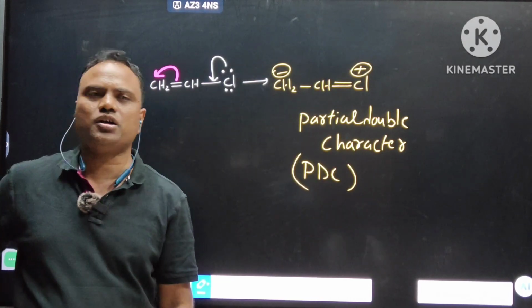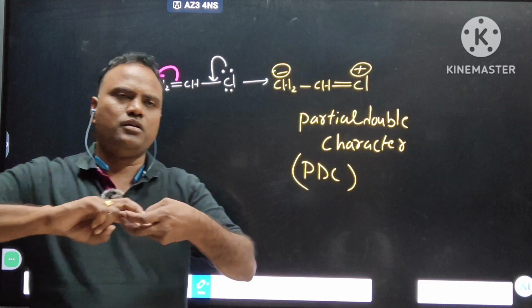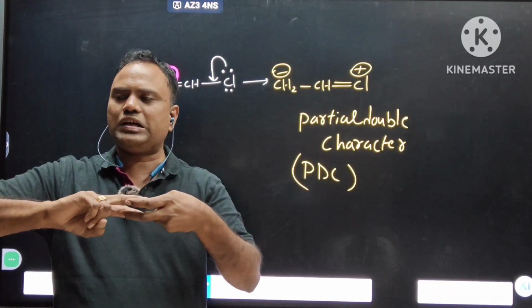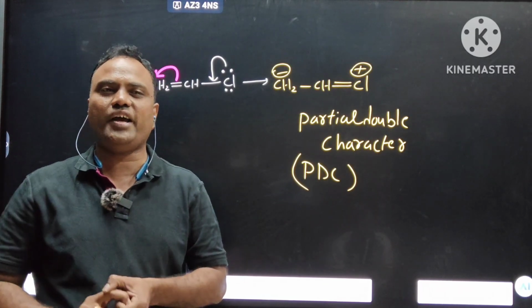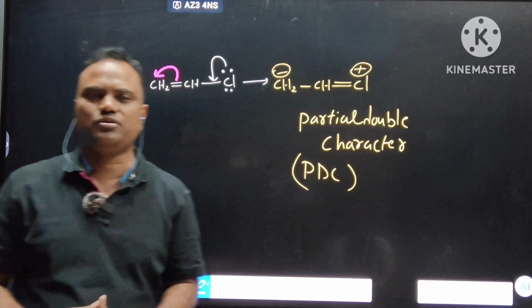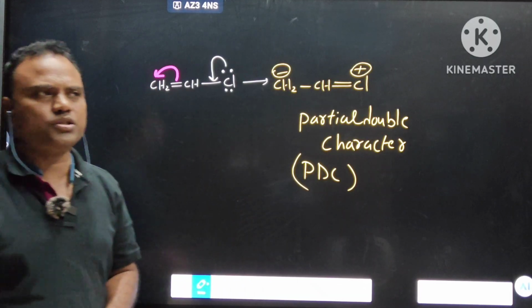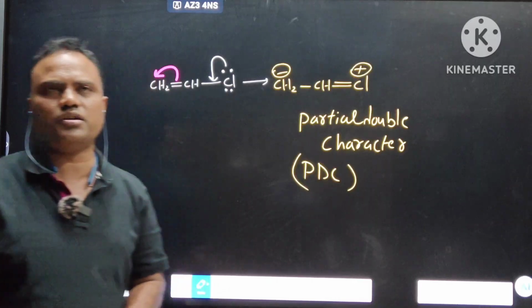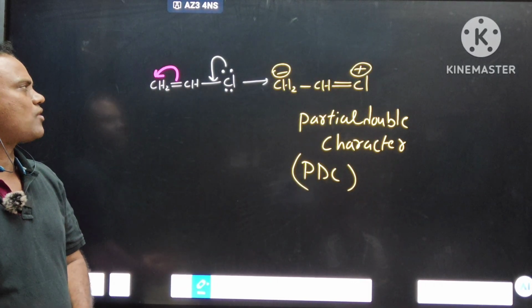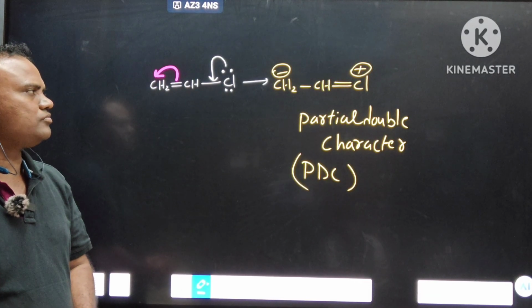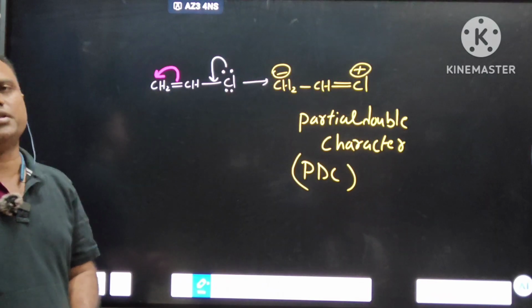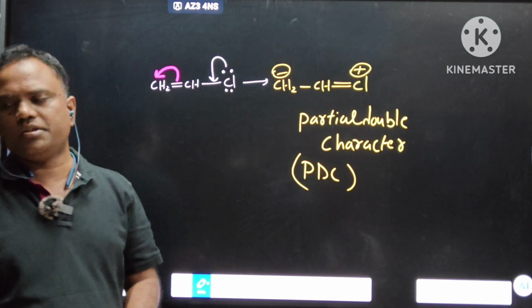Because of PDC, chlorine sticks to the carbon tightly through a double bond. Why? Due to resonance. Watch the video for the structural requirements for resonance. So the reason is also very, very important. Vinyl chloride.